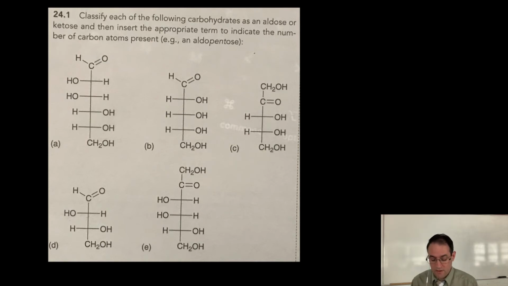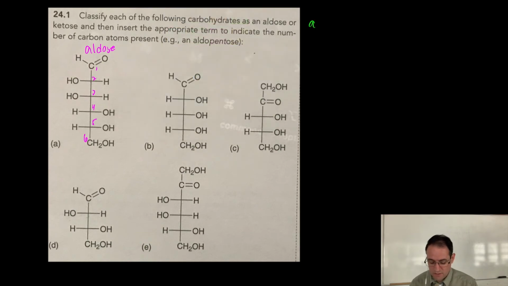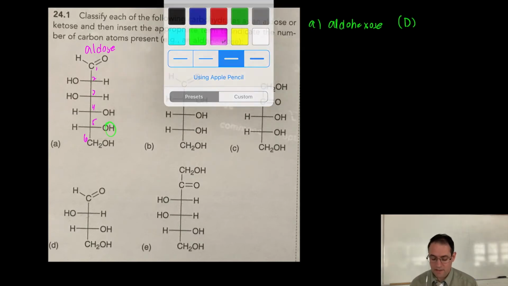This one right here is an aldose, okay? And it has 1, 2, 3, 4, 5, 6 total carbons. So this is aldohexose. And this one in particular is a D sugar. Let's just review that, even though the problem didn't ask us to identify that.